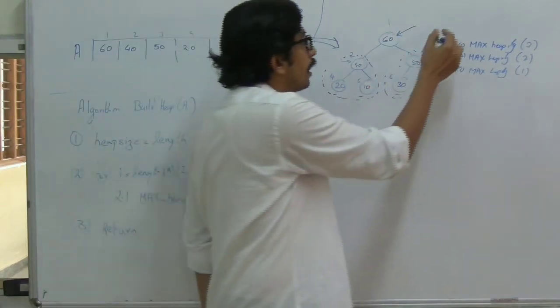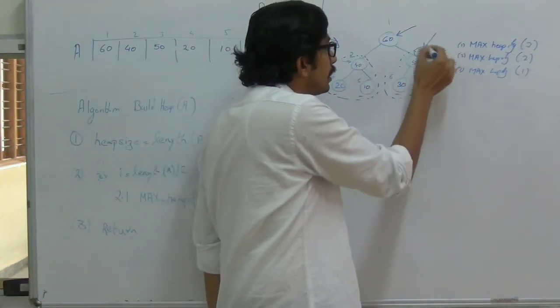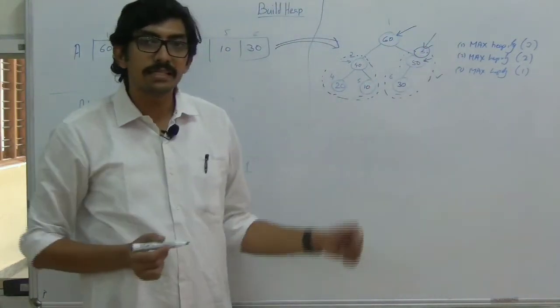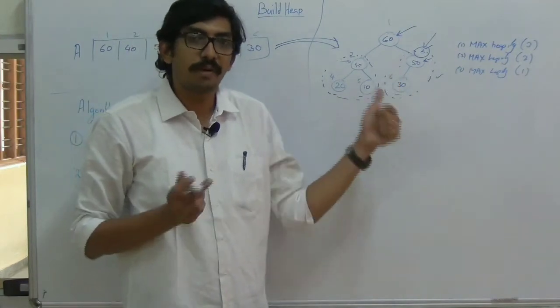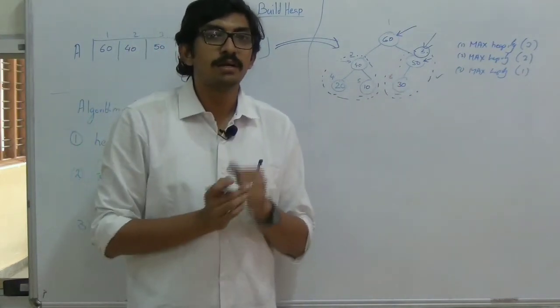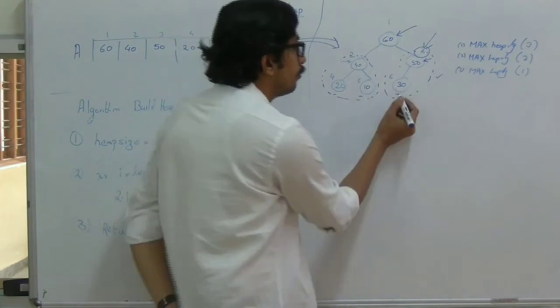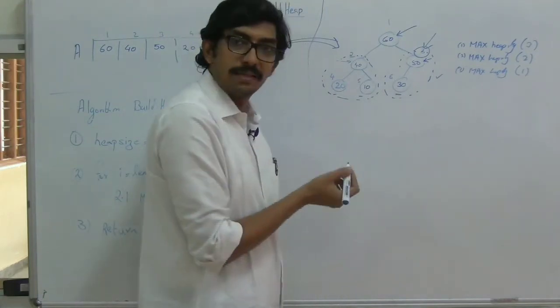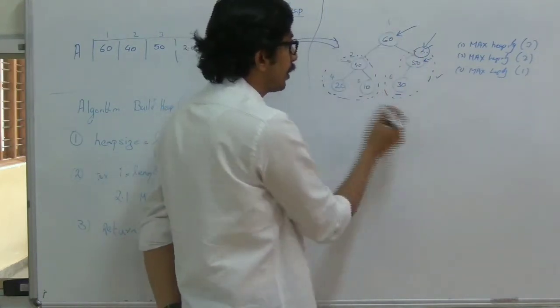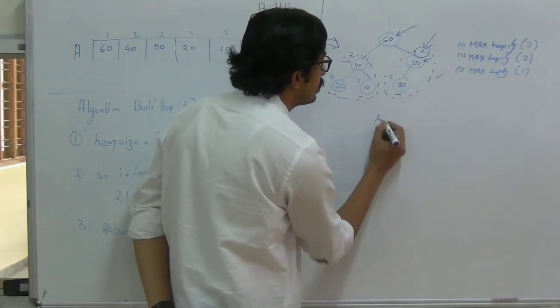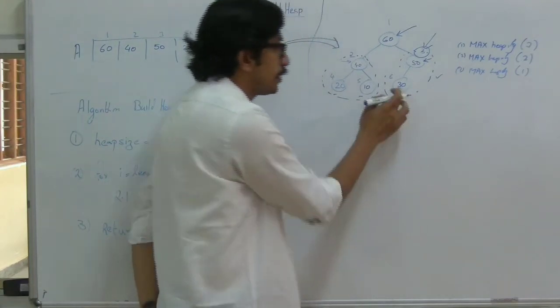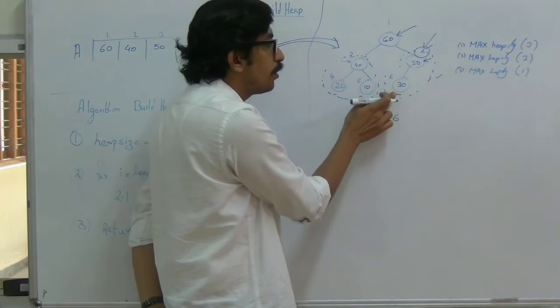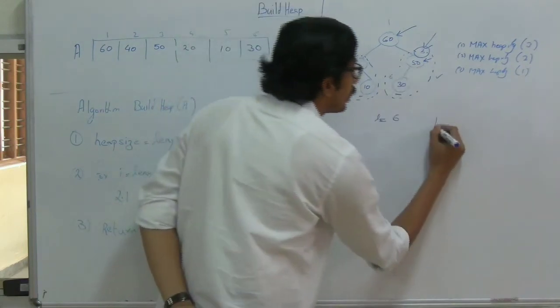So first, we have to find the index position of the first parent, the parent with the largest index. For that, we will find the last node, that is the length of the array, which in this case is 6. Then we have to find the parent of that node. How can we find the parent?